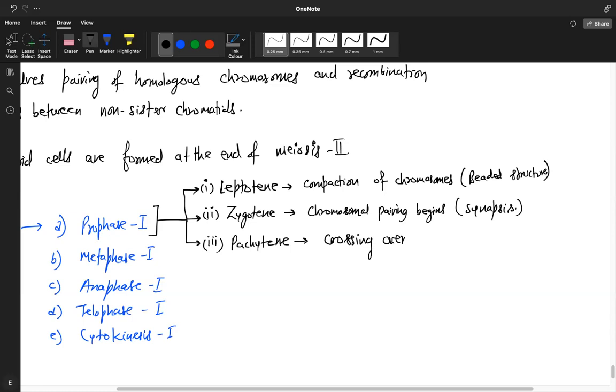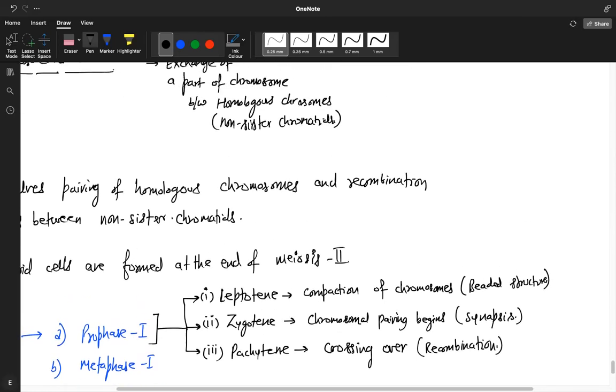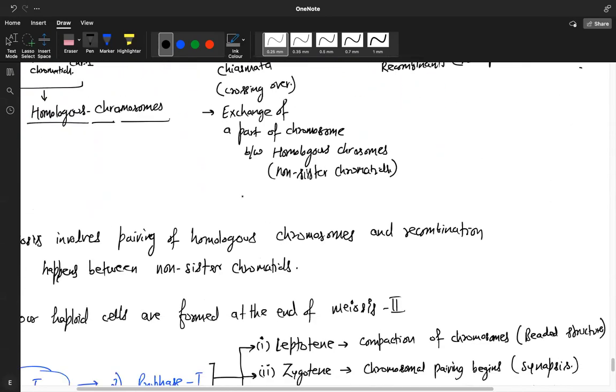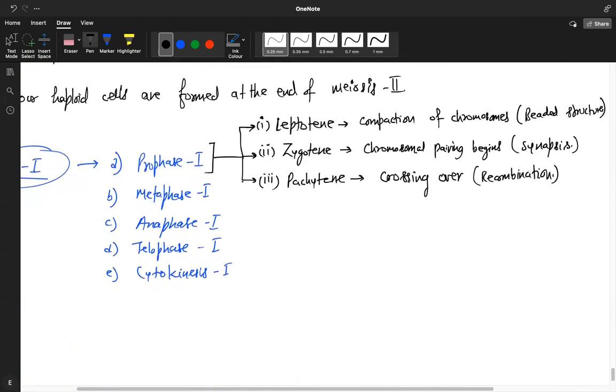Yeah, pachytene. Crossing over between two non-sister chromatids, leading to recombination. You understand? This is the most important phase of prophase 1, pachytene, where the recombination happens.